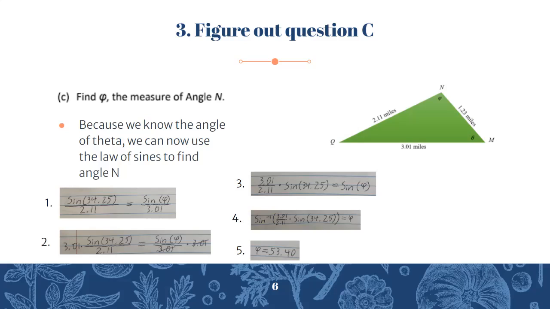And to do that, we use sine inverse. So sine to the power of negative 1 of 3.01 divided by 2.11 times sine of 34.25 equals phi. And once we plug this into our calculators, we end up getting phi equals 53.40 degrees.